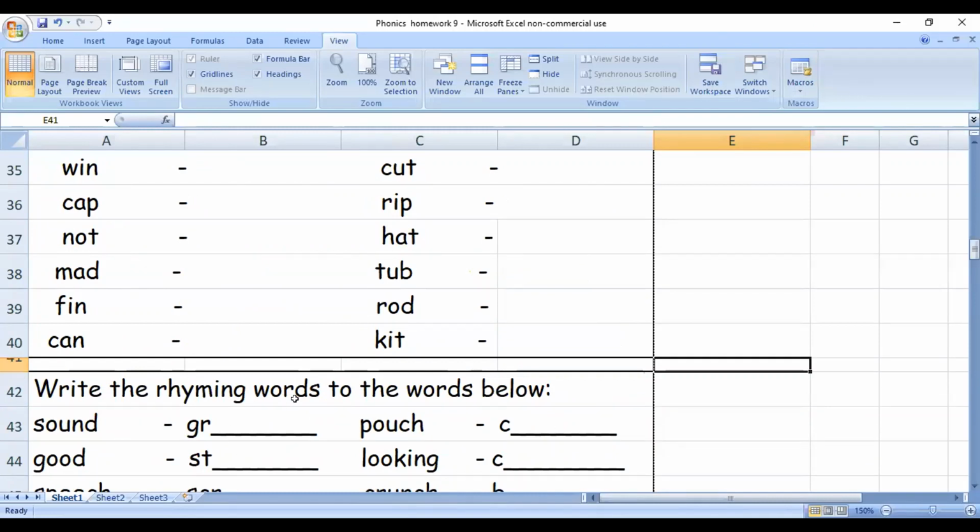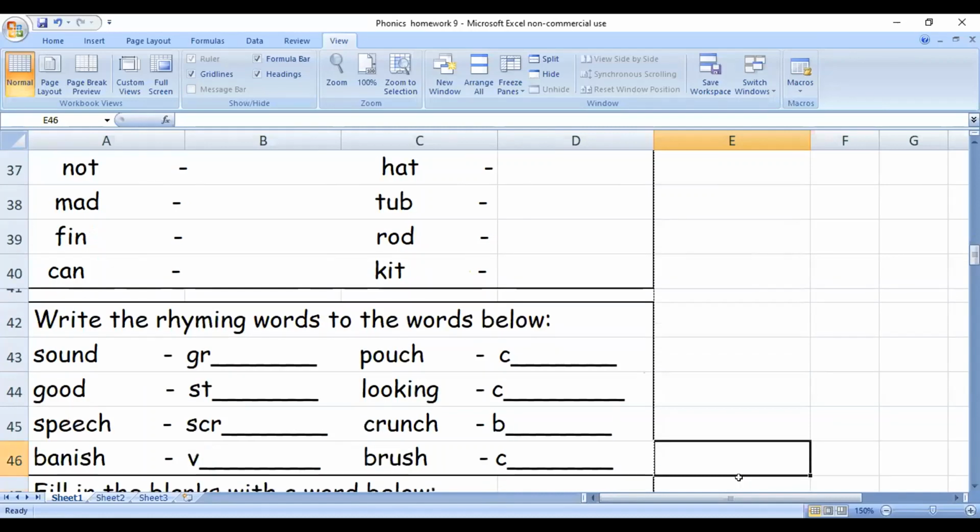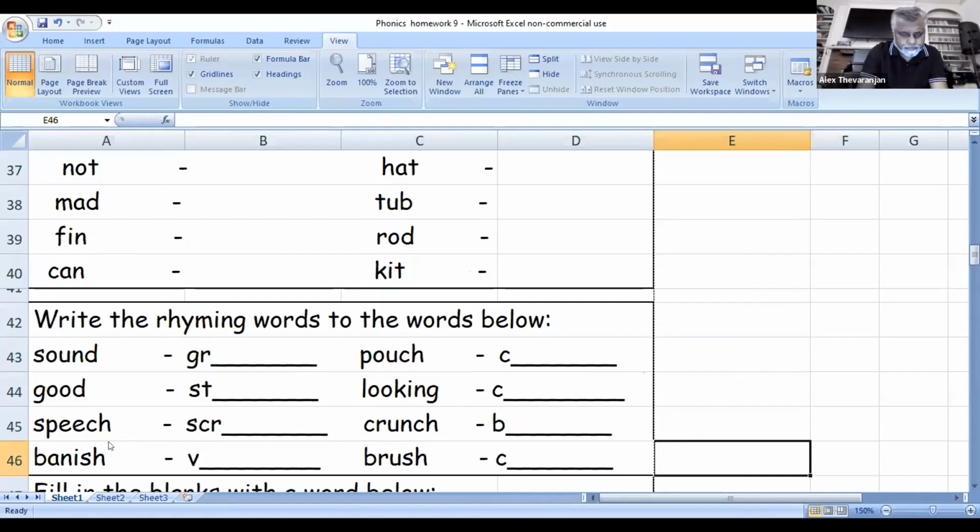Write the rhyming words to the words below. For these you have to write rhyming words. Sound, something between. You have to understand that it must have the sound ound. Here it should have the sound oo, wood. Here, speech, so it should have the sound e, eat.